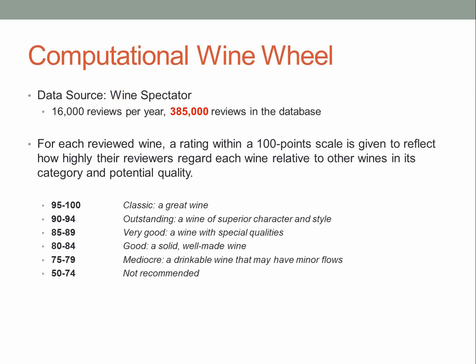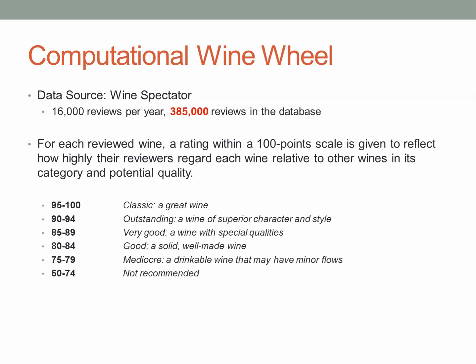There are several important magazines or websites that provide those kinds of valuable reviews. Wine Spectator is one of the most popular ones, and that is also the one that we are using. It generates about 16,000 reviews per year. Currently, it has more than 385,000 reviews in its database for members to access.